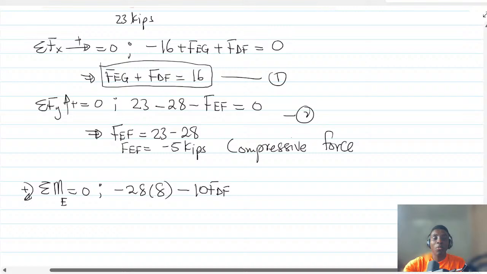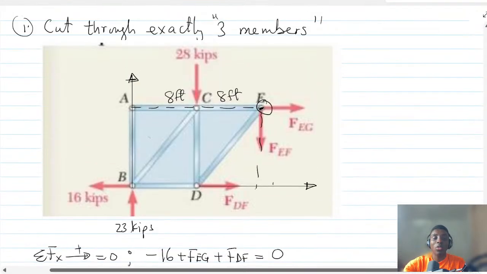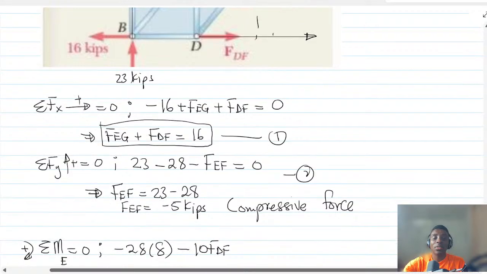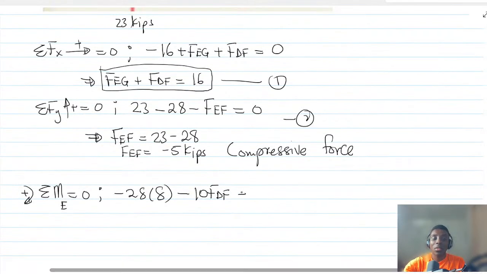But then the moment this time around is going to be clockwise, because this one will turn it in the clockwise direction. So 23 times 16.